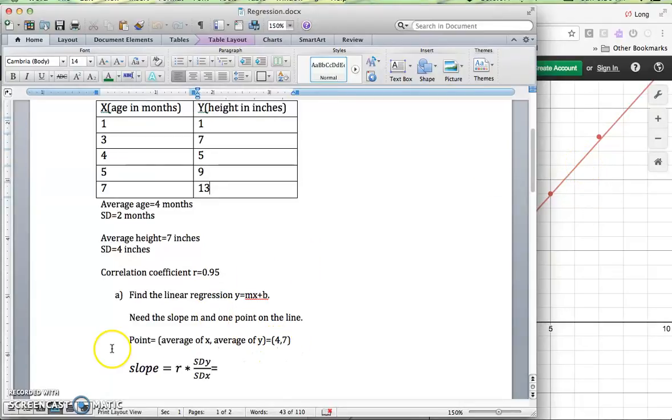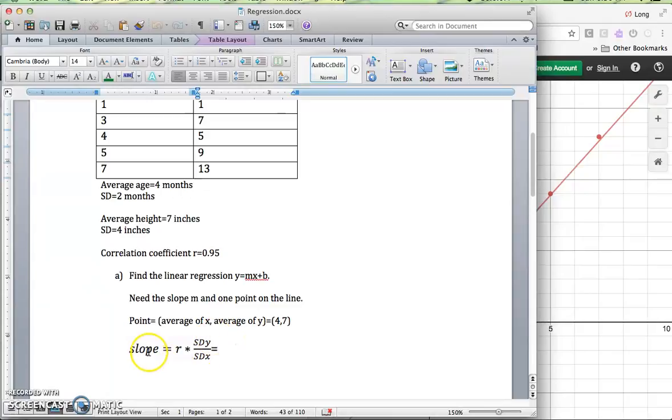The next part is to find the slope of this regression line. From the textbook, the slope is given by the correlation coefficient r times the standard deviation of y divided by the standard deviation of x. This product gives you the slope of the linear regression.